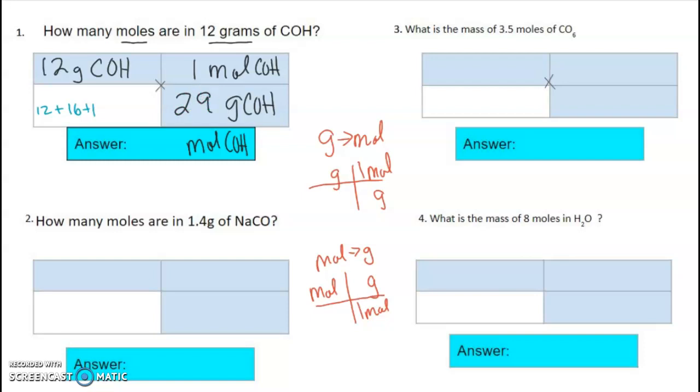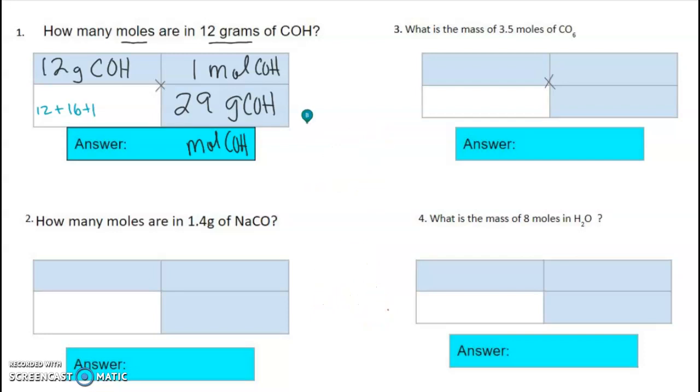When we're doing our calculations, we're going to multiply the top numbers and divide by the bottom. So if we wanted to look at it in a simpler way, we would have 12 grams times 1 mole divided by 29 grams. If we multiply the top and divide by the bottom, your grams will cancel grams.